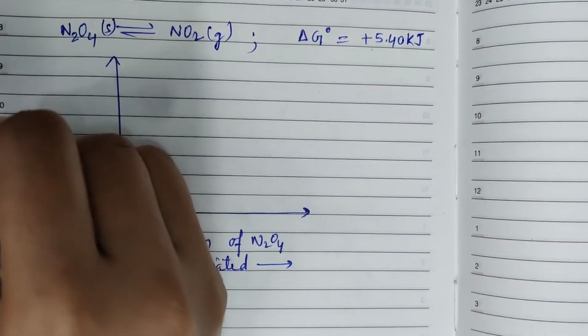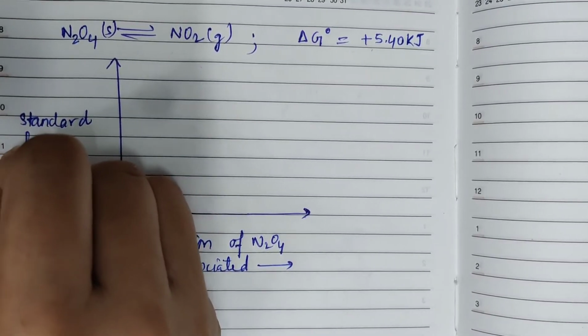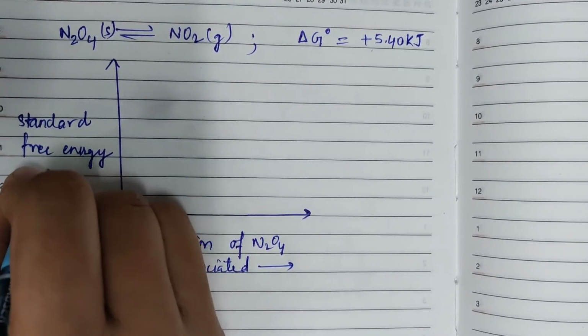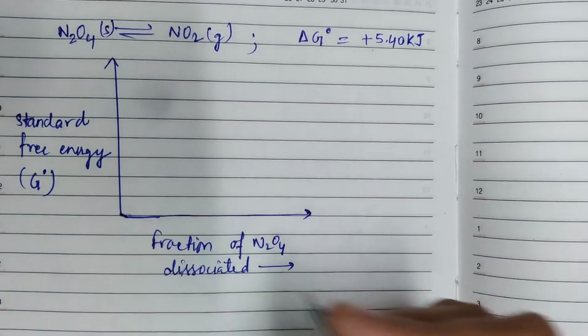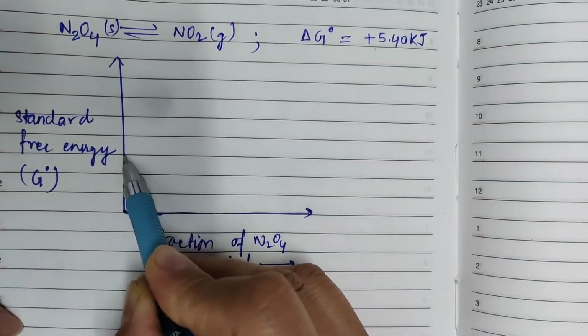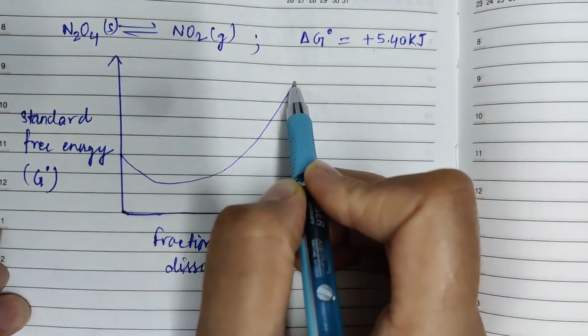And here we will take standard free energy, that is G naught. If I plot a graph, this kind of graph exists.